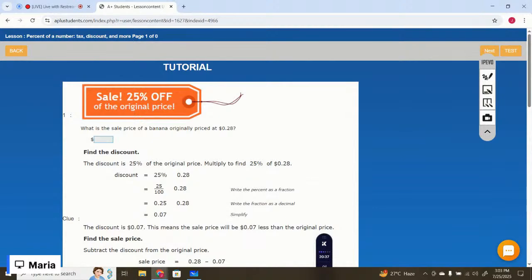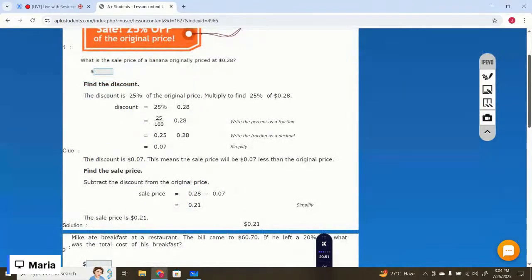So you need to calculate 25% of 0.28. So we have to calculate 25 over 100 times 0.28. That would be 0.07, so that 0.07 is the discount. You need to calculate the sale price. So that is 0.28 minus 0.07.